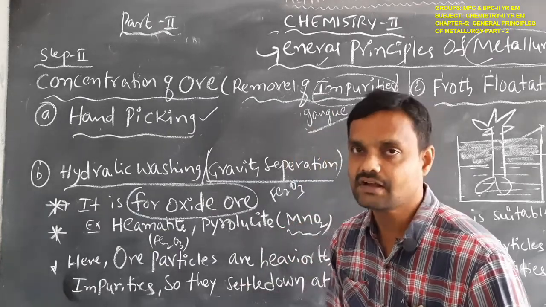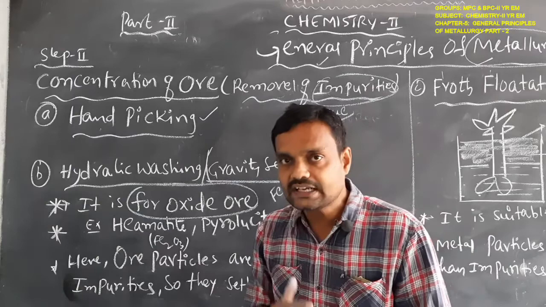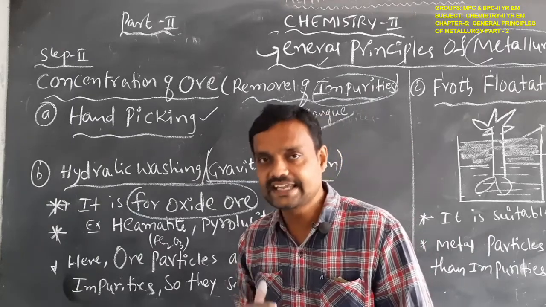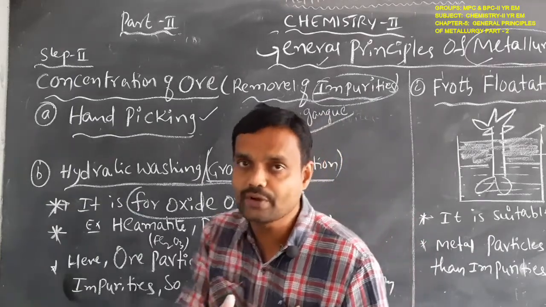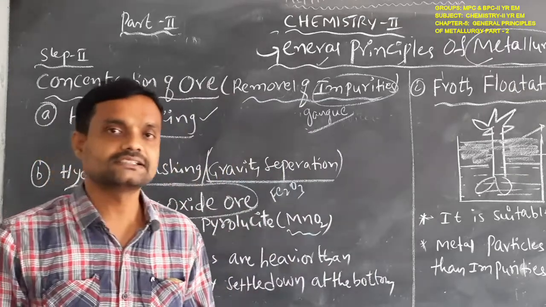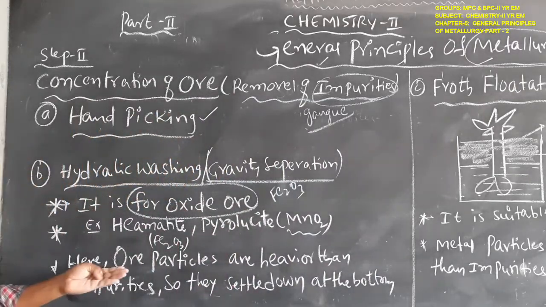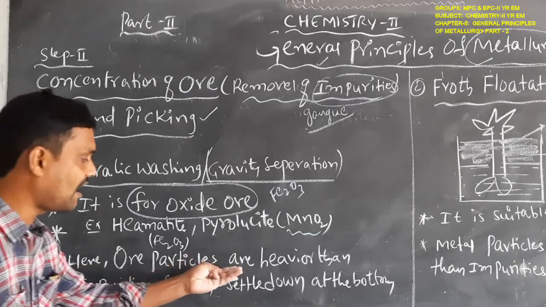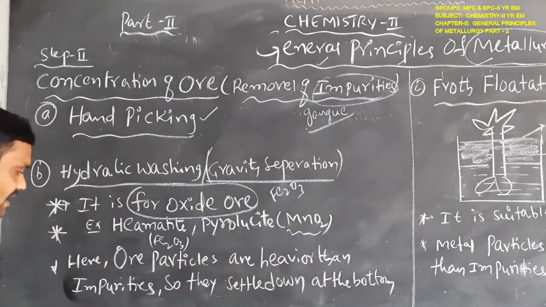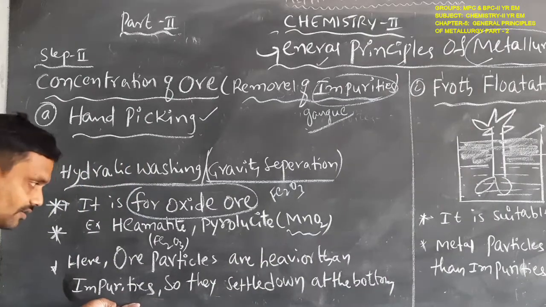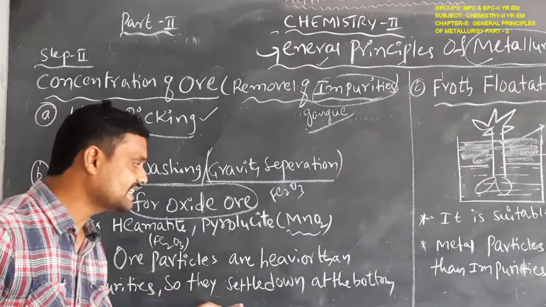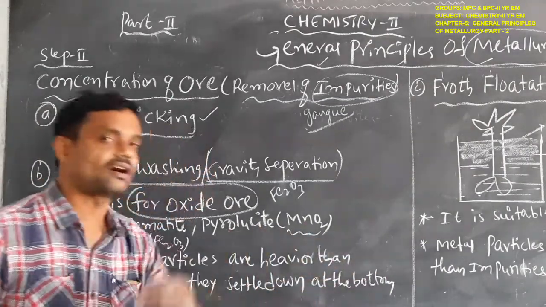When washing in the presence of flowing water, the ore particles are heavier than impurities like gangue, so they settle down at the bottom.